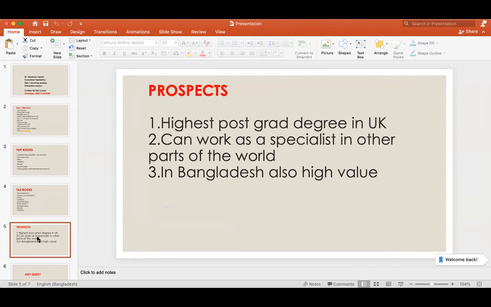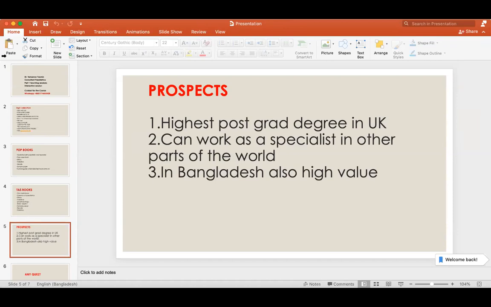Now many people ask me about the prospects of MRCPCH, that if I do MRCPCH and I don't go to the UK, is there any prospect? Yes, this is the highest postgraduate degree in the UK. After this, you need no degree; you will get FRCPCH by time.